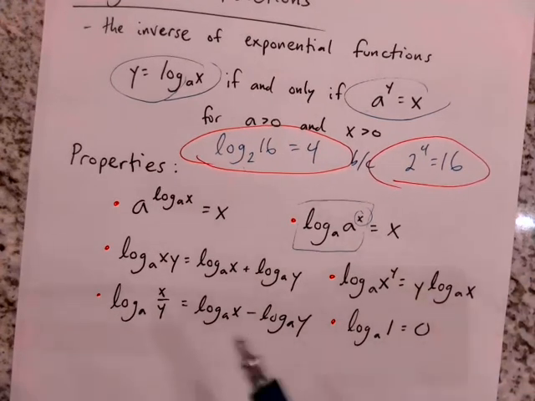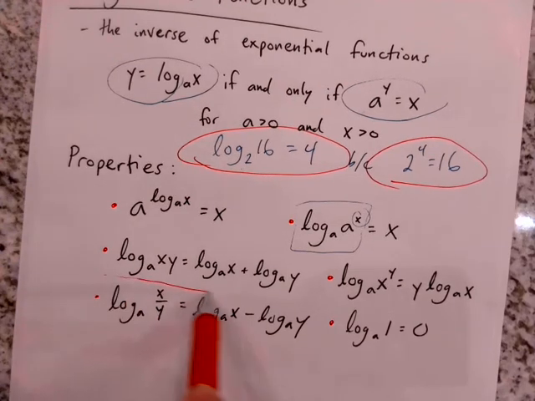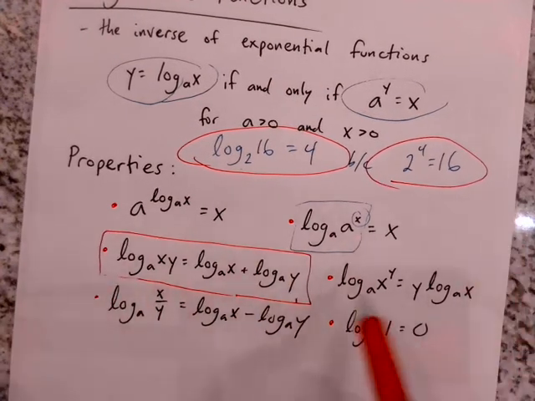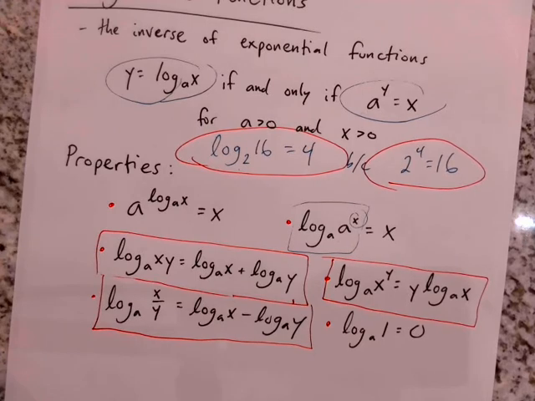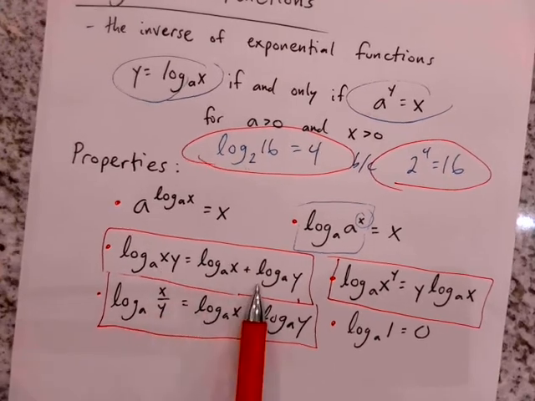And then these properties down here, these are the big properties. These are the ones that make logarithms so useful. Logarithms were invented by John Napier in like 1618, maybe 1619, I forget the exact date. But he invented these logarithms pretty much to simplify expressions. So with logarithms, you can turn a product into a sum.